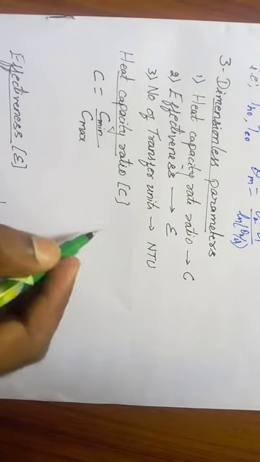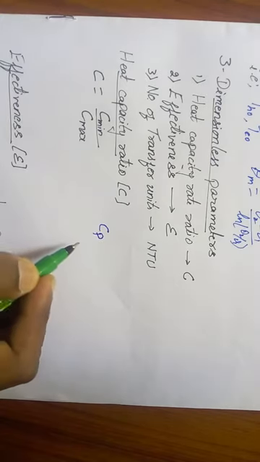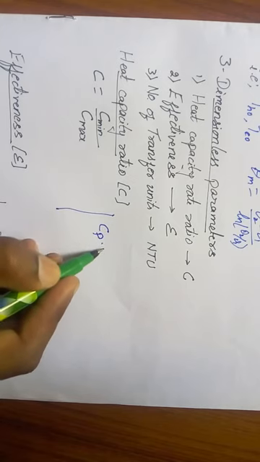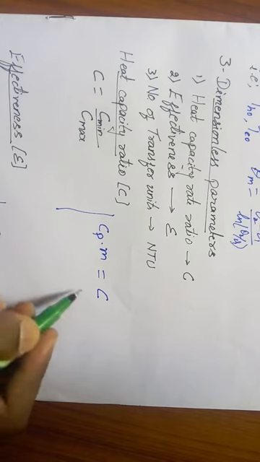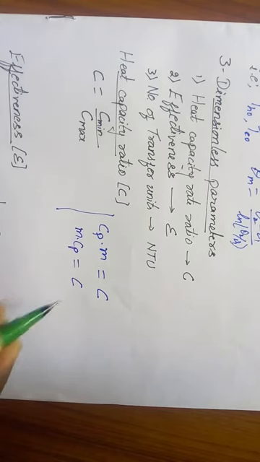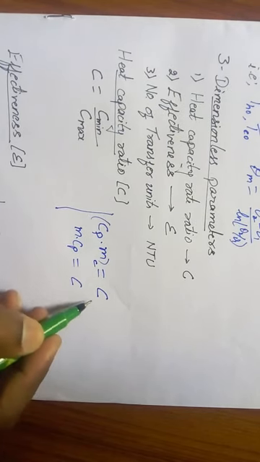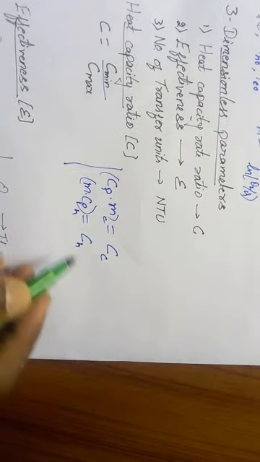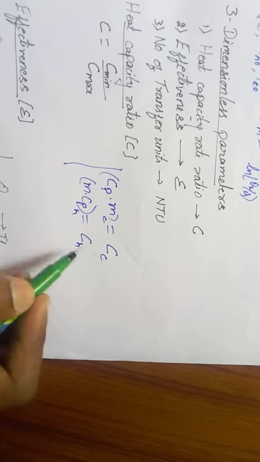For understanding, I am using the blue pen. Here we know Cp is the specific heat of any fluid. If Cp is multiplied with the mass of that fluid, I get the total heat capacity of the fluid. So m into Cp is C. Let us say this is for the cold fluid, so we get Cc, and this is for the hot fluid, so I get Ch. Whenever I compare these two, one of them must be greater.